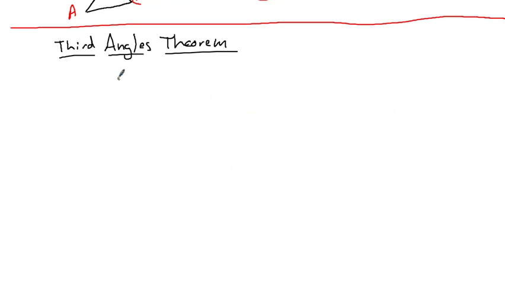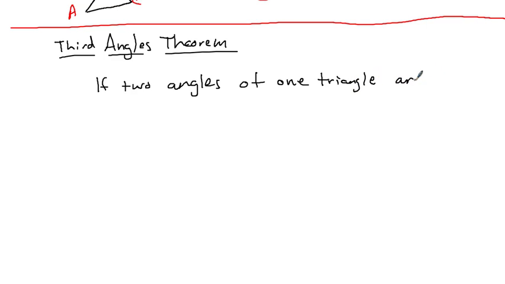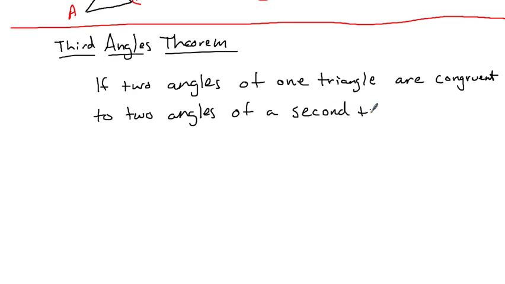It says that if 2 angles of one triangle are congruent to 2 angles of a second triangle, then the third angles are congruent.